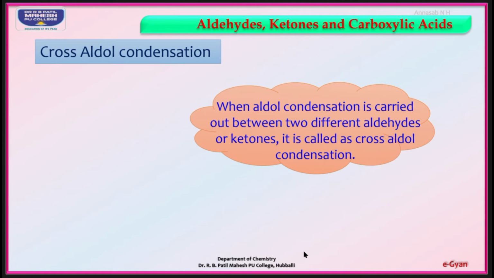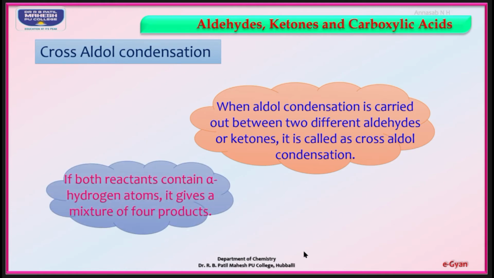When aldol condensation is carried out between these, it is known as cross aldol condensation. If both the reactants contain alpha hydrogen atoms, then it is going to give a mixture of a total of 4 different products.